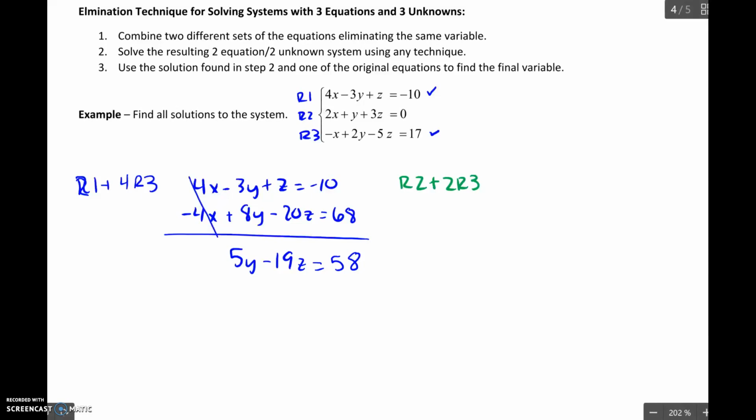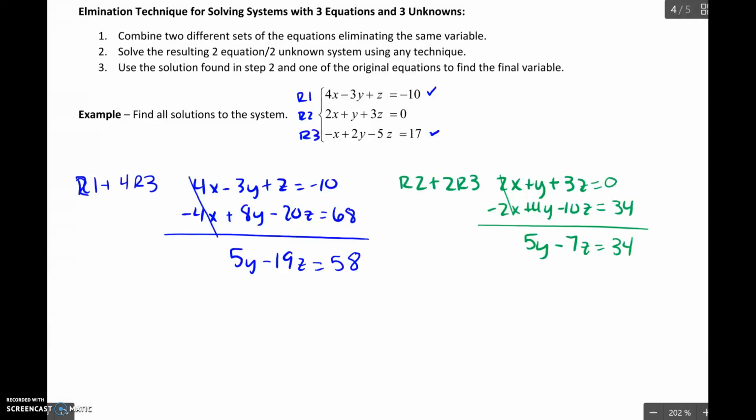So I have 2x plus y plus 3z equals 0 and negative 2x plus 4y minus 10z equals 34. Combine those, the x's are going to cancel again, and I get 5y minus 7z equals 34.